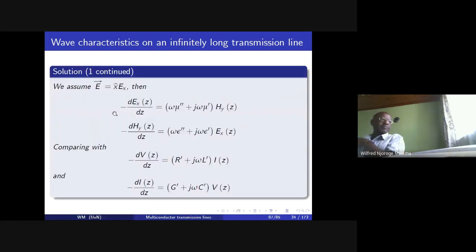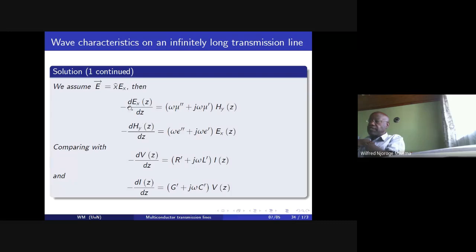So we'll assume that E is polarized in the X direction, so that E is equal to x-cap Ex of z, and then we can always find that the curl will just be equal to the derivative with respect to the z component alone, and this is equal to omega mu prime plus j omega mu prime multiplied by the y component of the magnetic field intensity.